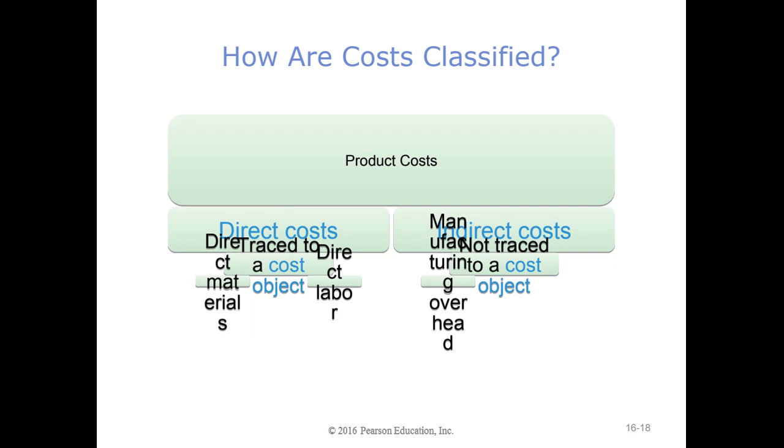Indirect costs are costs that cannot be easily or cost effectively traced to a cost object. For example, a production supervisor oversees production. They are not directly associated with the production of all the ice cream that we're making.